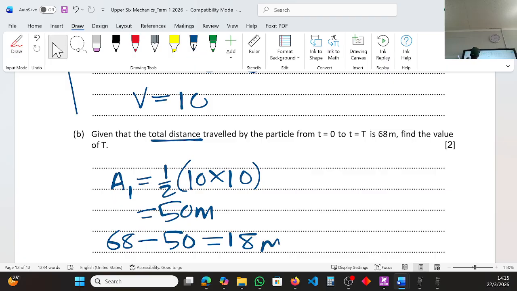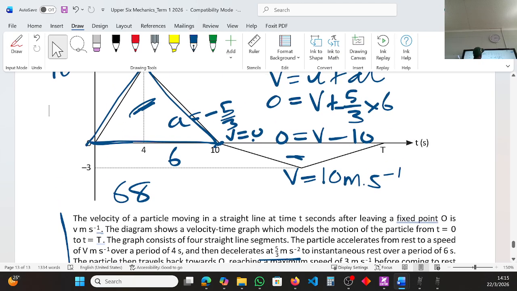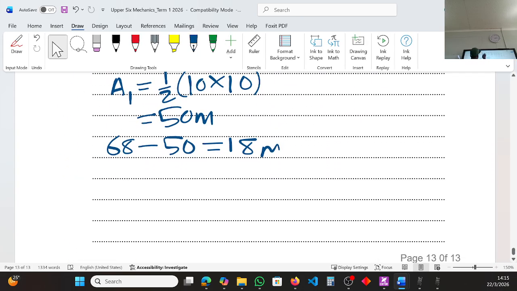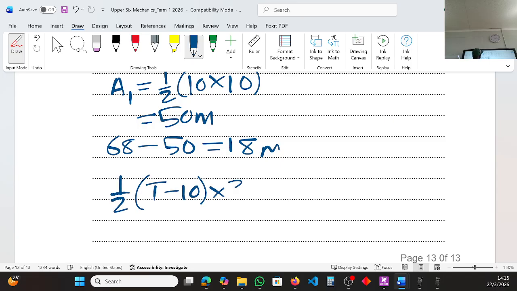Now if I come back to the graph and check, we are saying this section is made up of 18 meters. But remember, this part, which is our base, is T minus 10, and this is 3. So half T minus 10. I'll come down and say for that section, area is half times T minus 10 multiplied by 3.